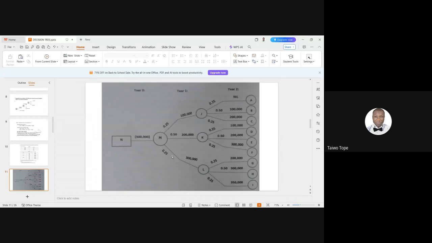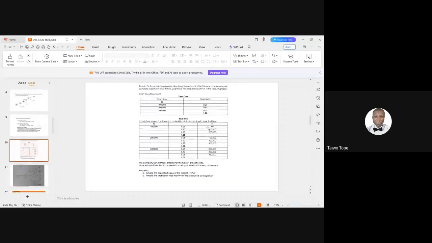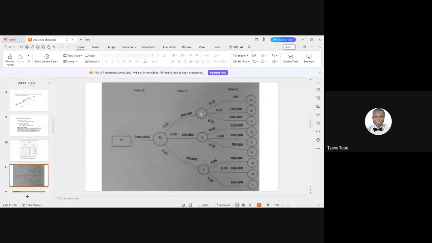Likewise here, in year 1 there are 3 likely possibilities extending into year 2. In year 2, you can see this 100,000 giving forth to these possibilities. It means in year 2 we are likely to have 100,000 as inflow, and also 200,000 as inflow, with their associated probabilities.